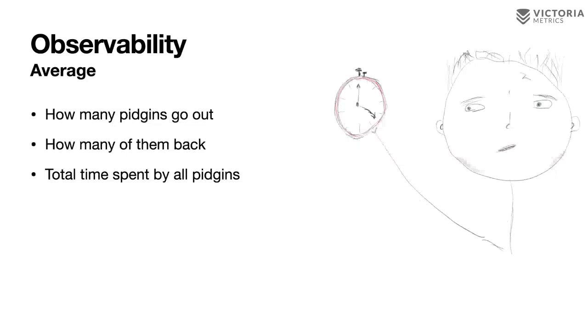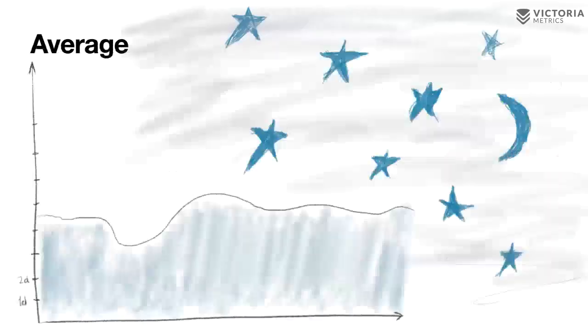After that, he just took the total time spent by all pigeons and divided this number by the count of the pigeons. With this number, he could build a pretty nice graph.